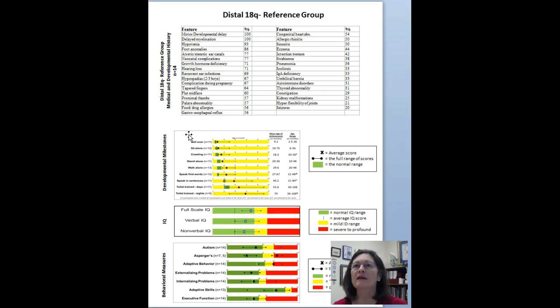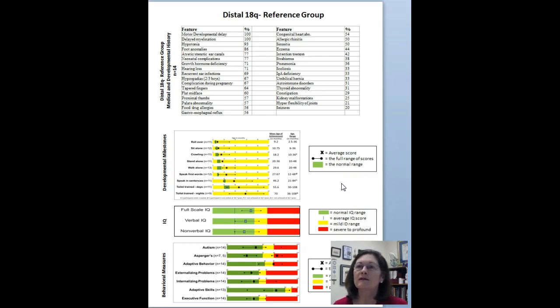So you can see that on average they acquired these skills late, and the older they are when they develop these skills, the further delayed they are, but they do acquire them. And so that's important to know what sort of typical age of development is for this group.